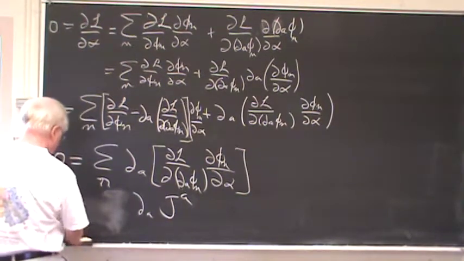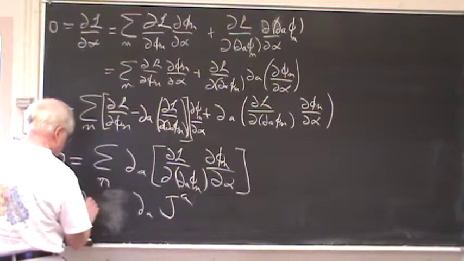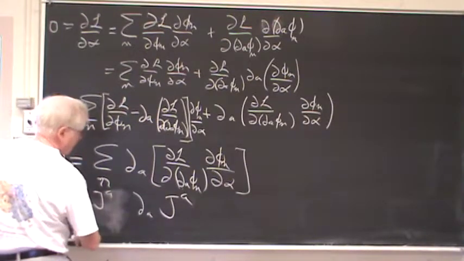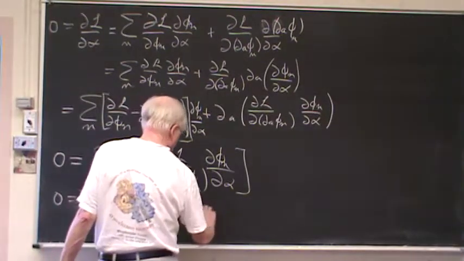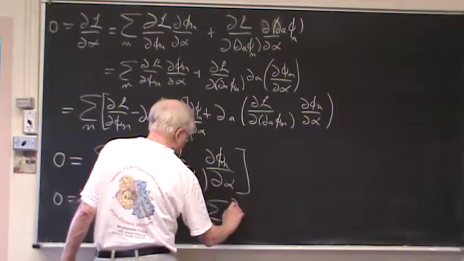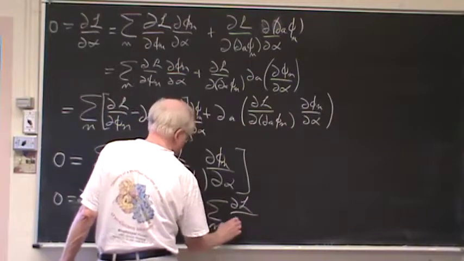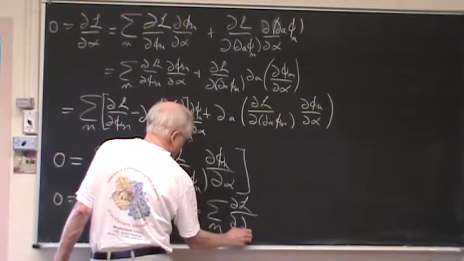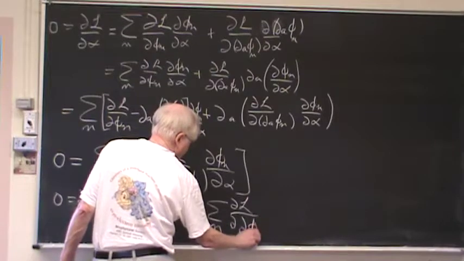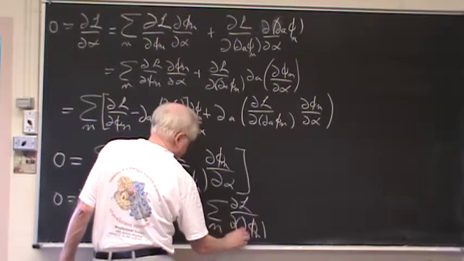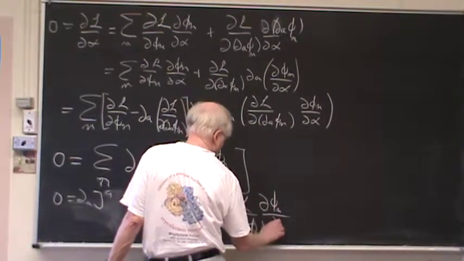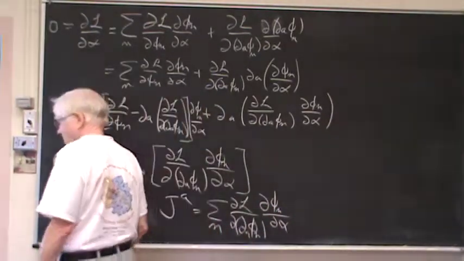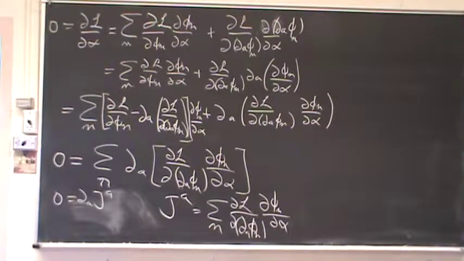So we have then this rule, 0 is dA JA, and JA is the sum on n, partial of the action density with respect to the A-th derivative of the nth field, and then times the derivative of the nth field with respect to the parameter of which the action density is independent.